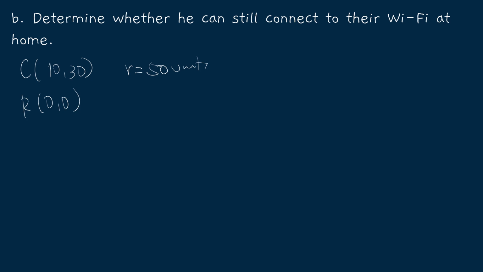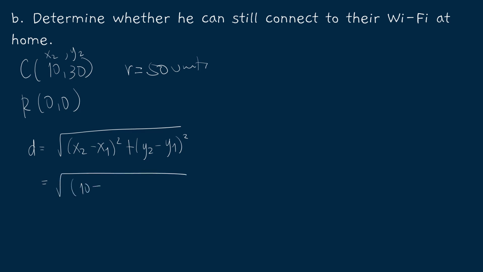So (10, 30), then (0, 0). We have to use the distance formula given by the square root of the quantity x sub 2 minus x sub 1 squared plus the quantity y sub 2 minus y sub 1 squared. Let us use (10, 30) as our x sub 2 and y sub 2.